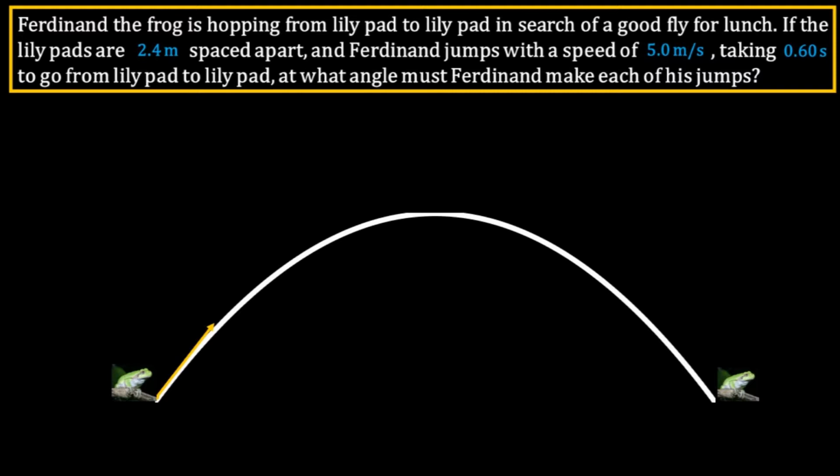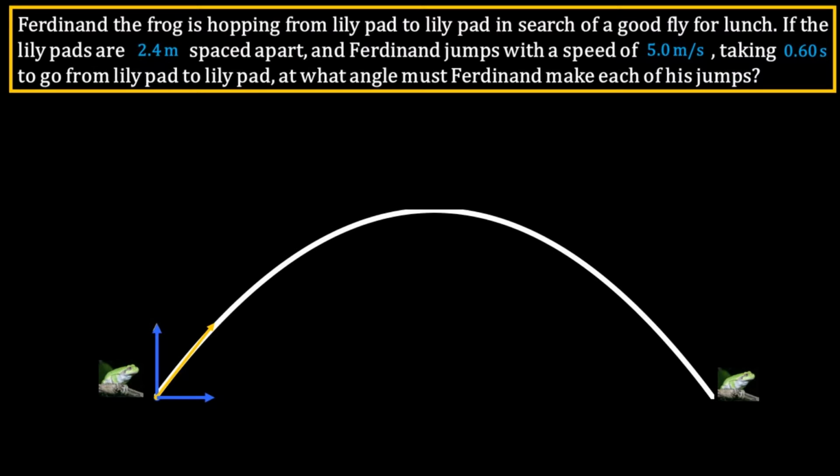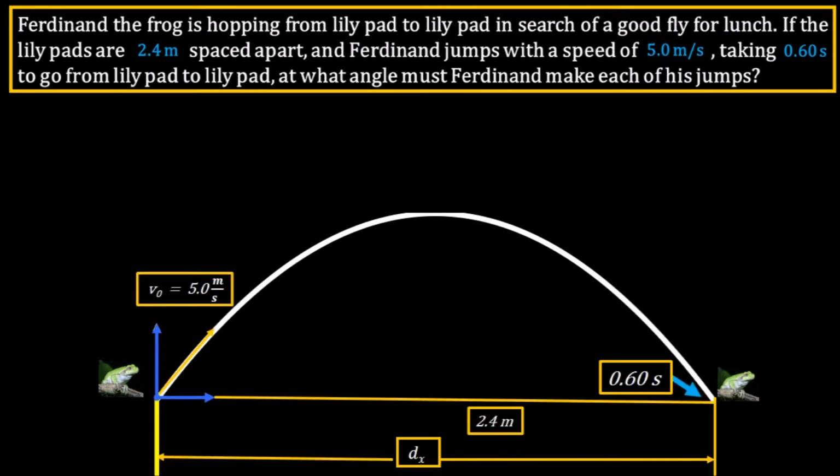Well, here's the trajectory, beginning and end of Ferdinand the little frog. You have a horizontal and vertical component that you can separate the V0 component into. And here's some information: V0 is 5 meters per second, 2.4 meters is dx, 0.6 seconds is the total, so 0.3 seconds would be Ty.